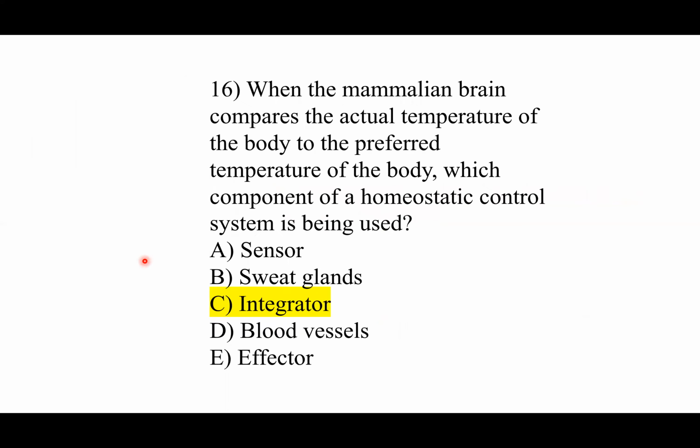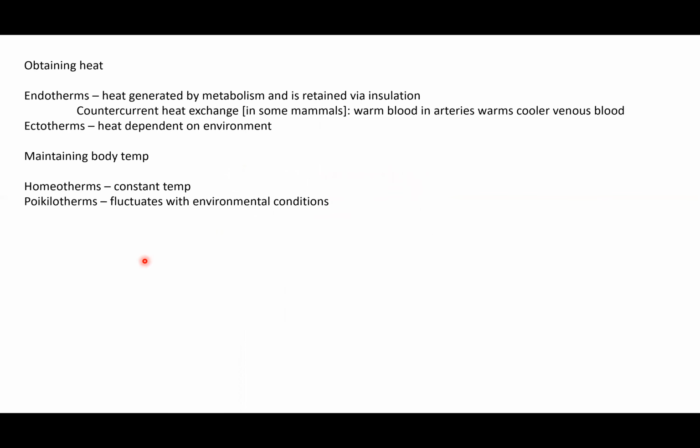Let me go back to show you where it was in the example. Countercurrent heat exchange. When we were talking about obtaining heat, in some mammals and some endotherms, countercurrent heat exchange allows warm blood in the arteries to warm cooler venous blood.